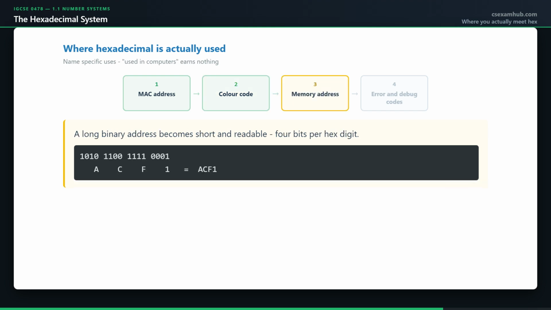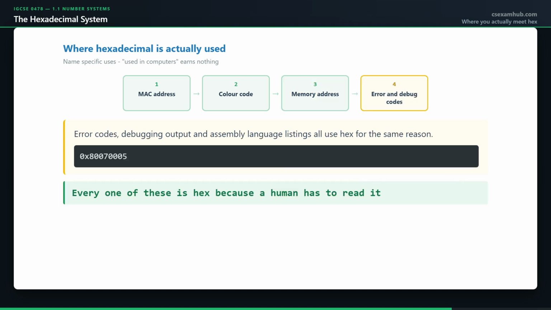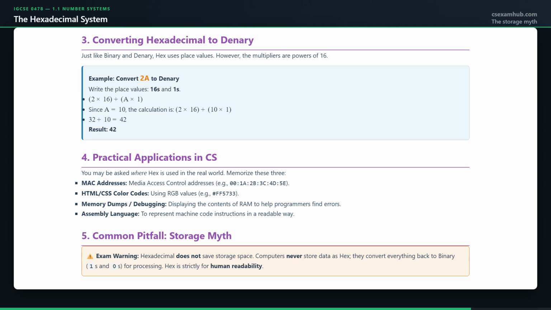Memory addresses are shown in hex because a long binary address becomes short and readable. You will also see hex in error and debugging codes and in assembly language listings. When a question asks for uses of hexadecimal, name specific ones like these rather than saying it is used in computers.